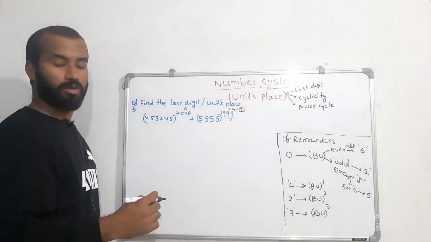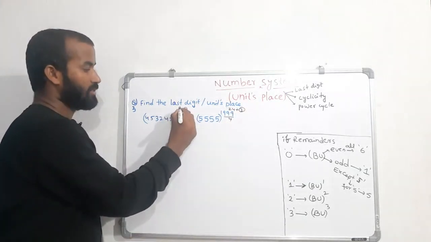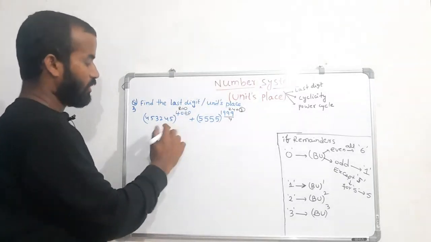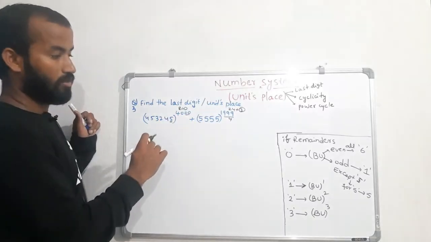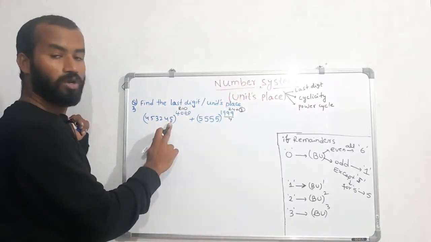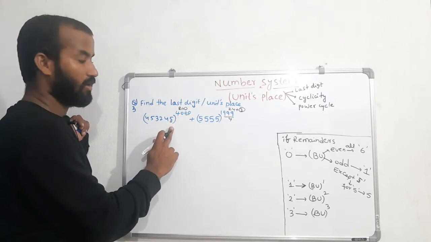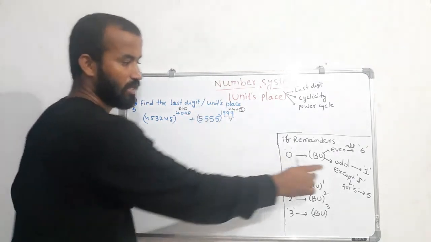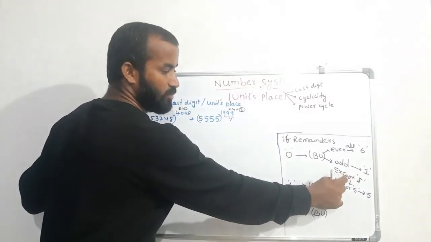Now when remainder is 0, what we have to do? When remainder is 0, we have to check whether the base unit is even or odd. So base unit is odd. After that, one exemption is there, right? 5.